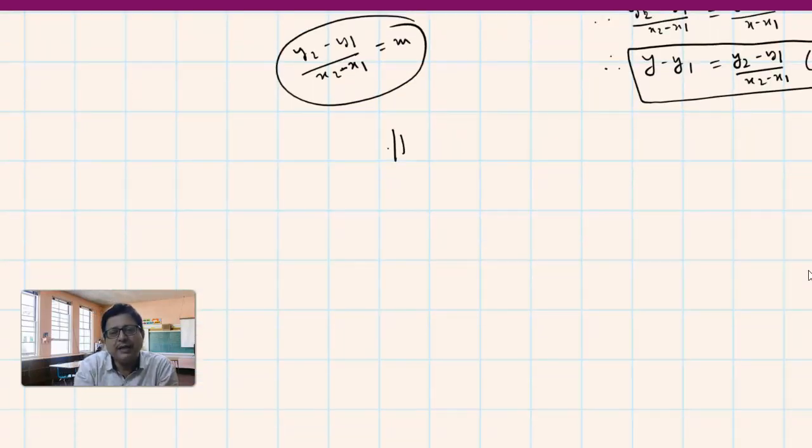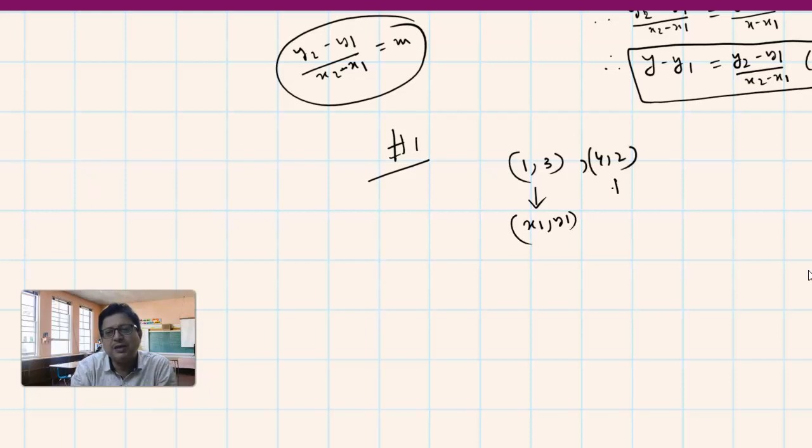Let us apply it in one sum immediately. What is the equation of the line passing through the points (1, 3) and (4, 2)? Just use this formula. Treat this one as x1, y1 and this one as x2, y2.